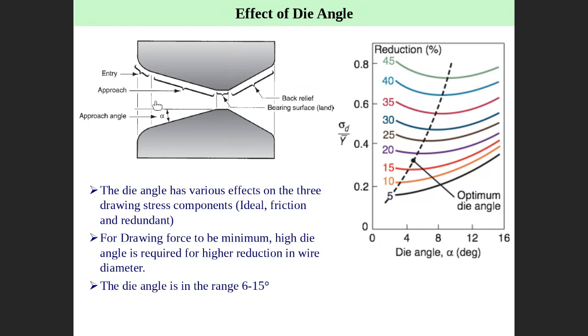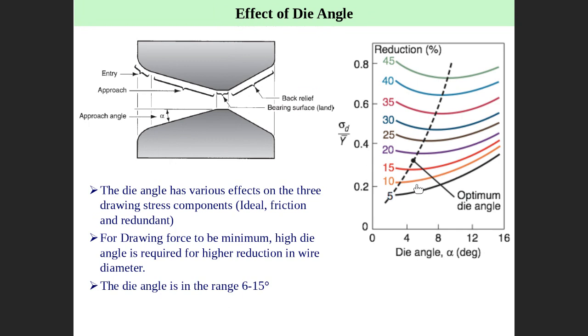Die angle, when you talk about the die angle, this is the die angle alpha. They found experimentally, after some investigation, that whenever the reduction percent increases, the die angle should be increased. This is the stress. This is a higher reduction, this is a lower reduction.